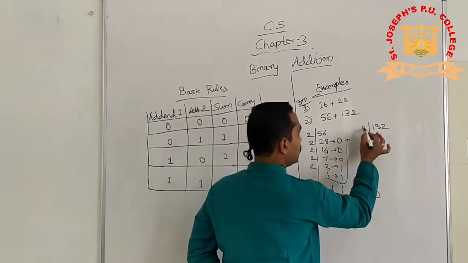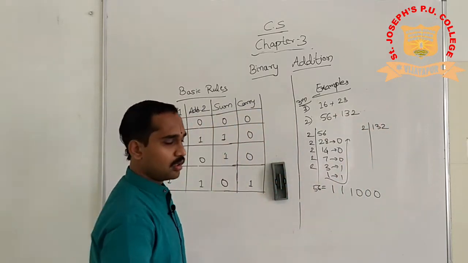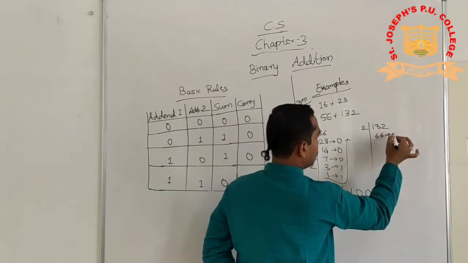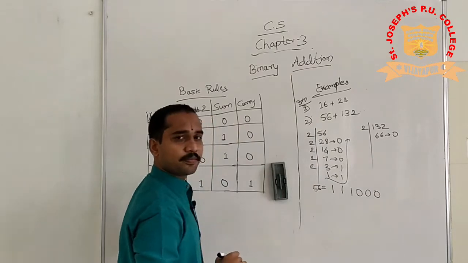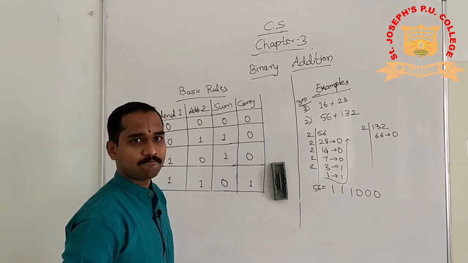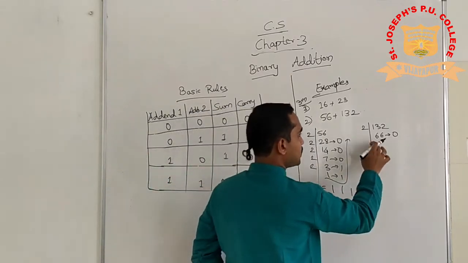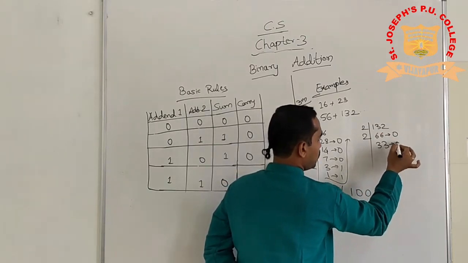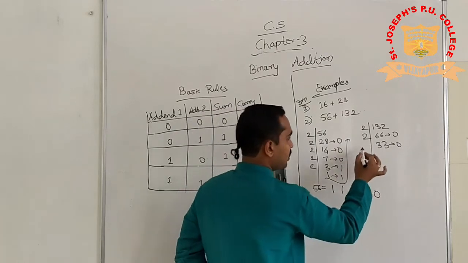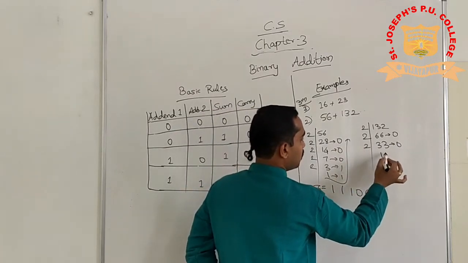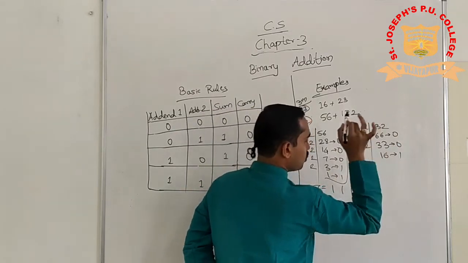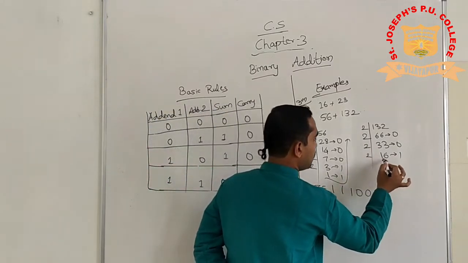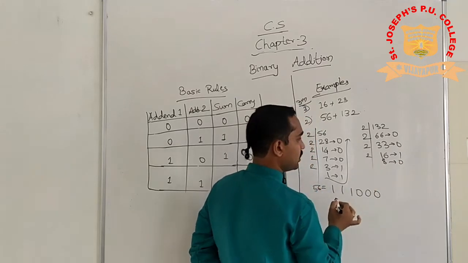Now taking 132, divide it. 2 6s are 12, correct? Am I right? Please see, is this fine? 66, 0 is the remainder. Then 33, 0 is the remainder. Then 16 2s are 32, so 1 is the remainder. Then 2 8s are 16, 0 is the remainder.